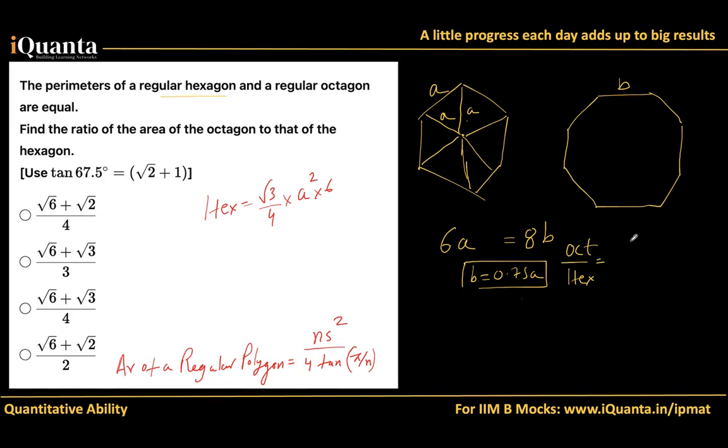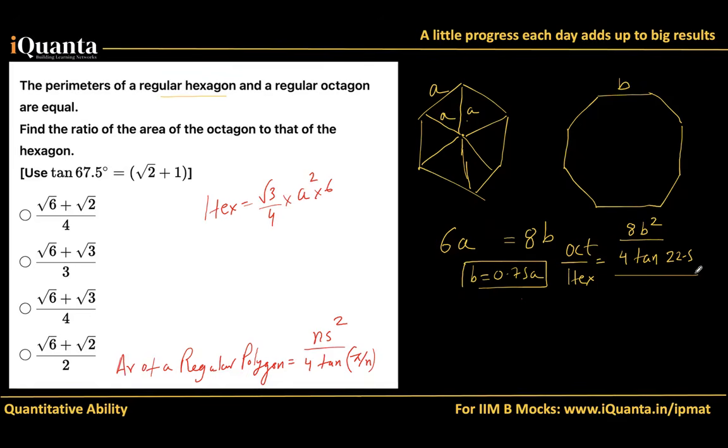Octagon will have area 8 into side square, that is B square, since the octagon side is B, upon 4 tan of 180 upon 8. You can simply calculate 180 upon 8, that is 22.5.